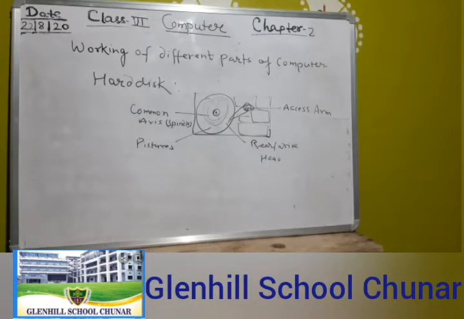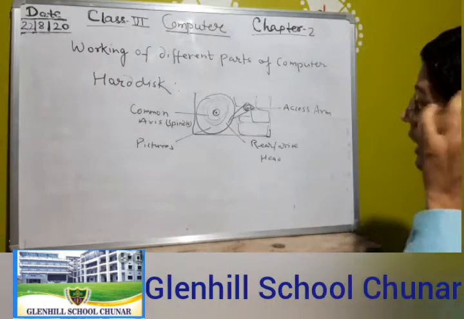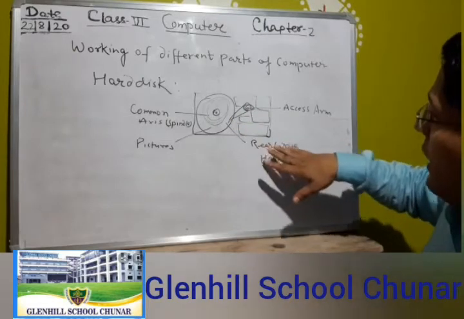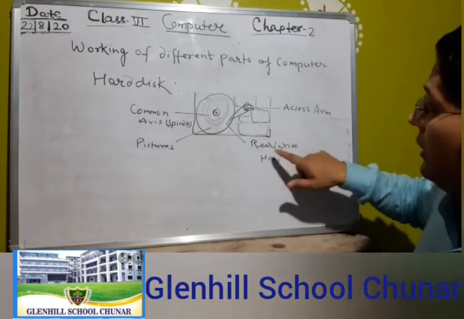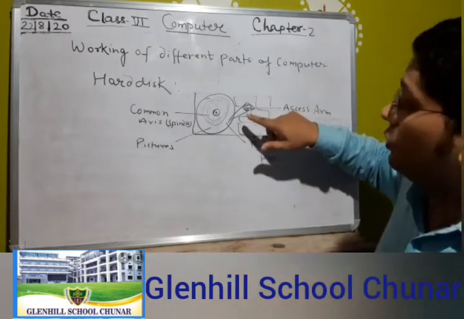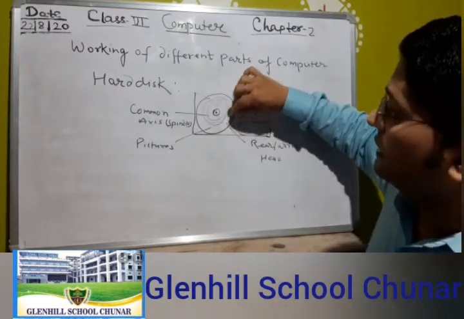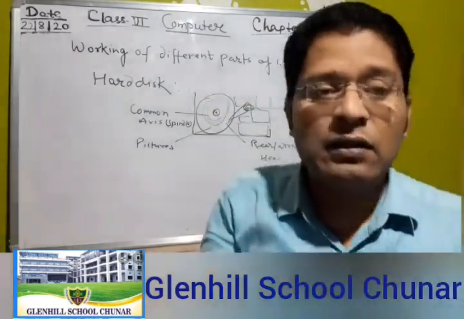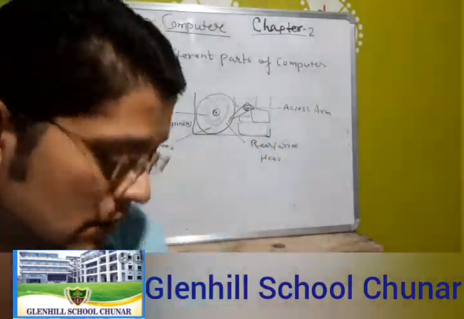That's how a hard disk works. So the hard disk works on the axis arm, and the head point is called the read write head. This one is moving and the head is reading the matter you stored on the hard disk, okay student.